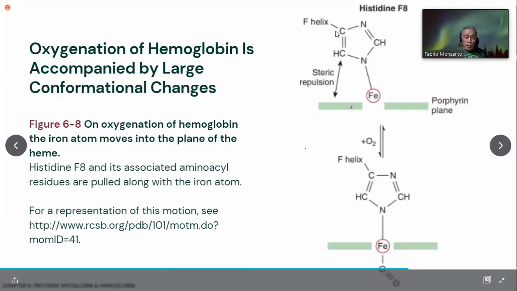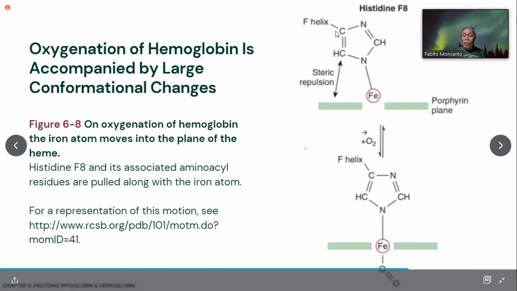And the iron is just a little above, no? As the equation is a little above, although it is bound to the nitrogen here and the nitrogen here, so there are 4 nitrogens, okay?